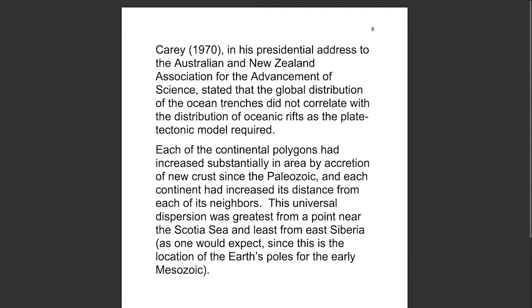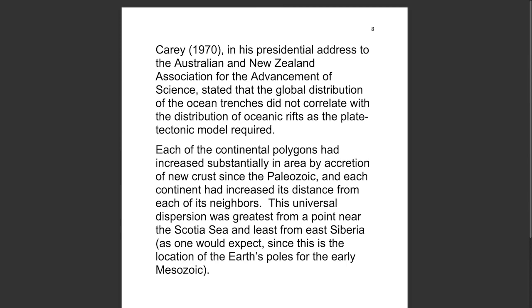As Carey said in 1970 in his presidential address to the Australian and New Zealand Association for the Advancement of Science, the global distribution of the ocean trenches did not correlate with the distribution of oceanic rifts as the plate tectonic model required. Each of the continental polygons had increased substantially in area by accretion of new crust since the Paleozoic, and each continent has increased its distance from each of its neighbors.